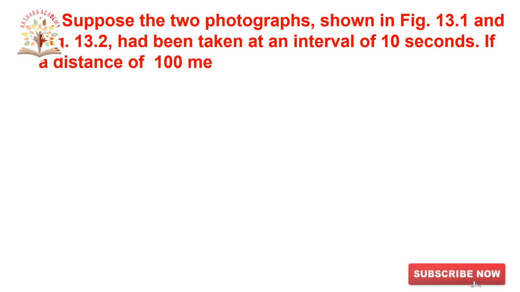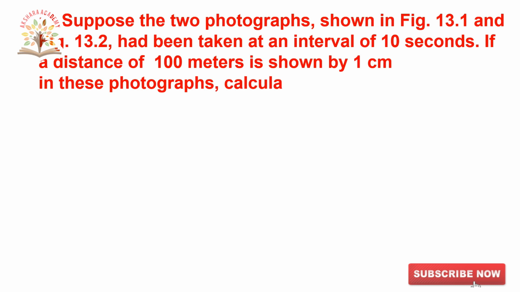Suppose two photographs shown in figure 13.1 and 13.2 had been taken at an interval of 10 seconds. If a distance of 100 meters is shown by 1 centimeter in these photographs, calculate the speed of the blue car. See the photographs here.